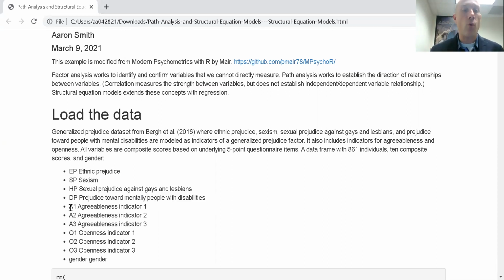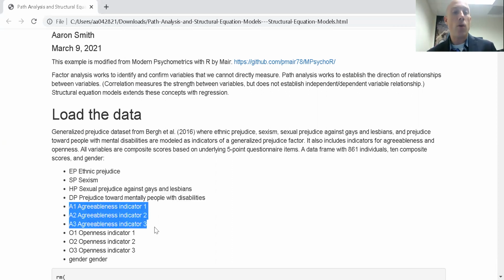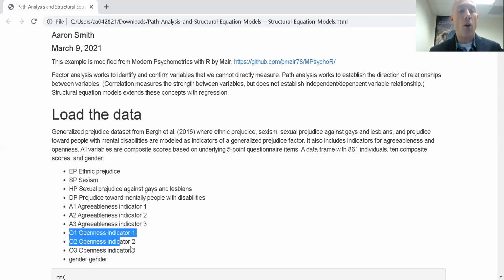We're going to use the agreeableness data as indicators to give us information about the latent variable of overall agreeableness, and then the openness items are going to be our indicators of the hidden latent variable, the openness personality trait. We want to take our general prejudice, agreeableness, and openness, and run regression.